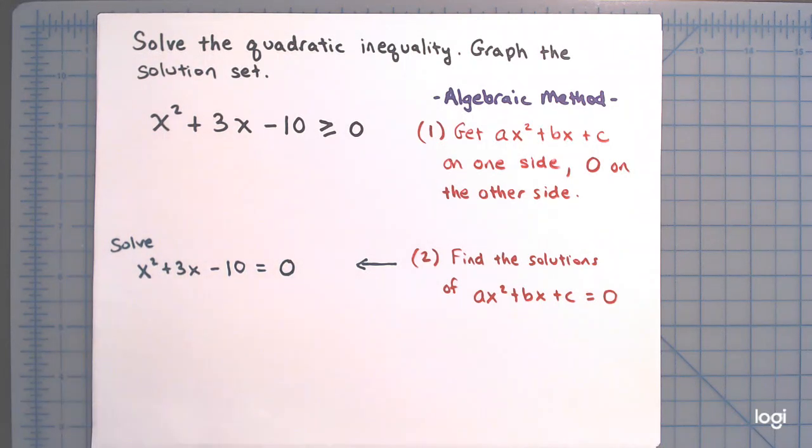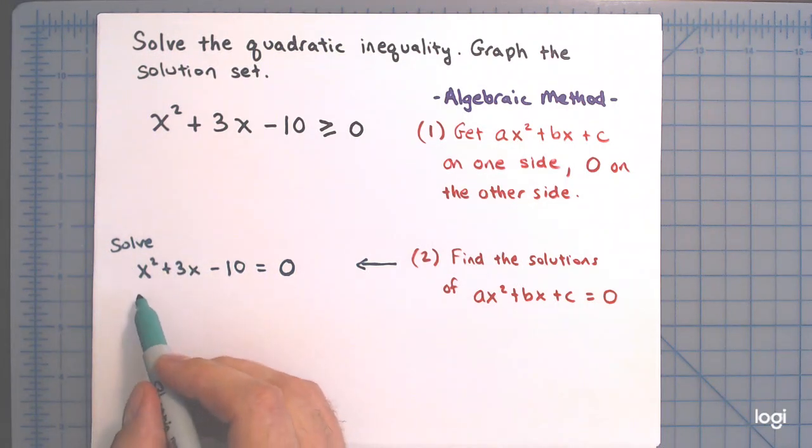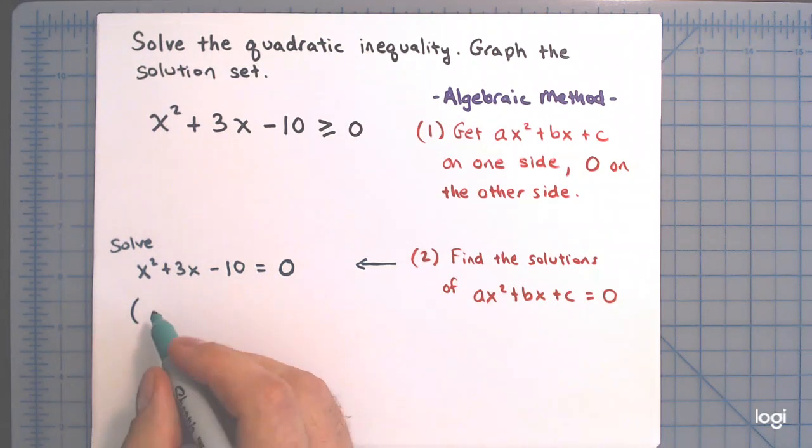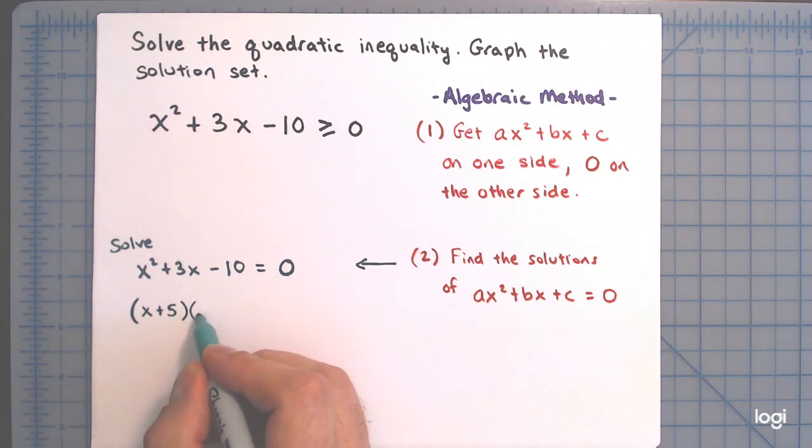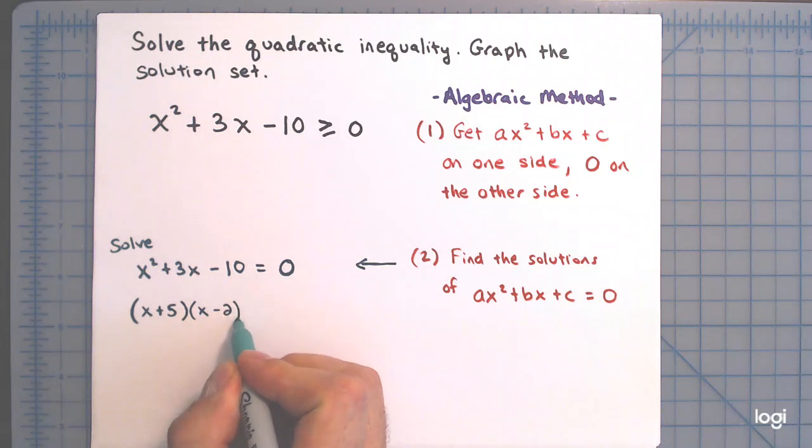It's in that standard form, ax squared plus bx plus c equals 0, so you could use the quadratic formula here if you'd like, but this one's pretty easy to solve by factoring. x squared plus 3x minus 10 factors to x plus 5 multiplied by x minus 2.